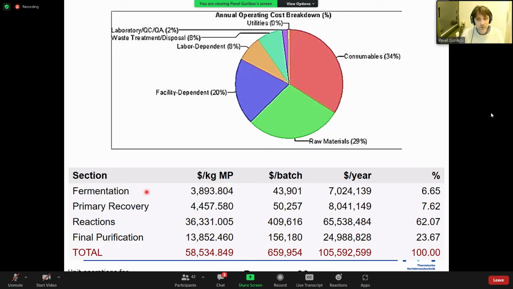So the operating costs will not be that high if you just need fermentation, primary recovery and some simplistic final purification. That may help you later to analyze biotech businesses which are based on fermentation and delivery as a core process, where we utilize organisms to produce pro-insulin or pro-product, so to speak.